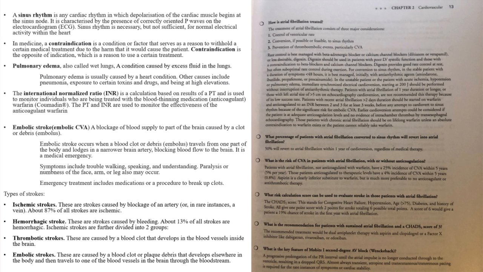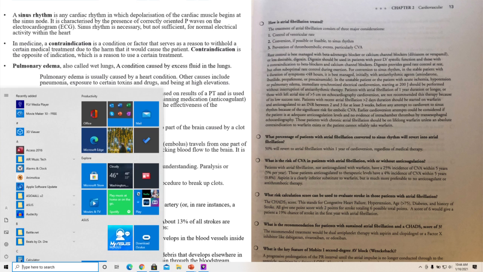procainamide. In the unstable patient or patient with acute ischemia, hypotension, or pulmonary edema, also called wet lungs. Ischemia is insufficient flow, right?